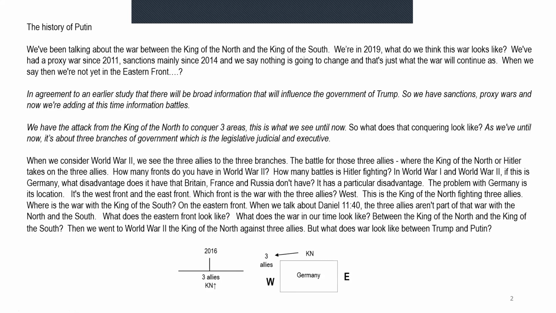He was fighting the war on the Eastern Front and the Western Front. The Eastern Front was with Russia and the Western Front was with the 3 allies, which was Britain, France, and Poland. So he had to fight a war on 2 fronts.